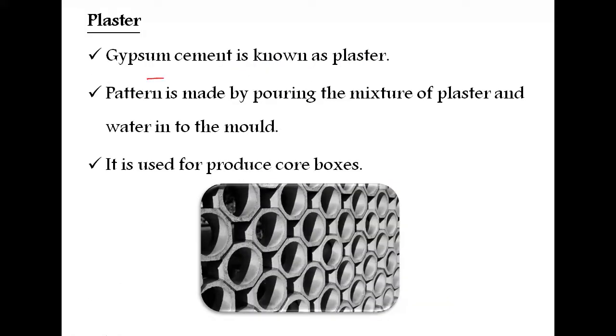Plaster. Gypsum cement is known as plaster. Here we mix it with water to get the shape. It's used to produce core boxes. A core box is used to produce a core. The main purpose of a core is to make a hollow portion in a particular component, and that core is prepared with the support of this core box.